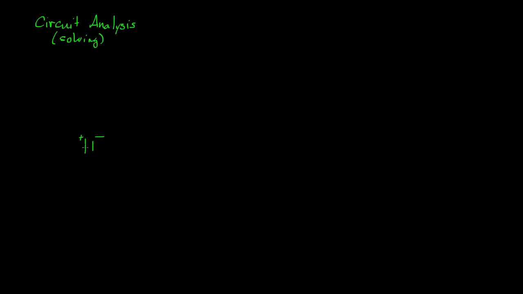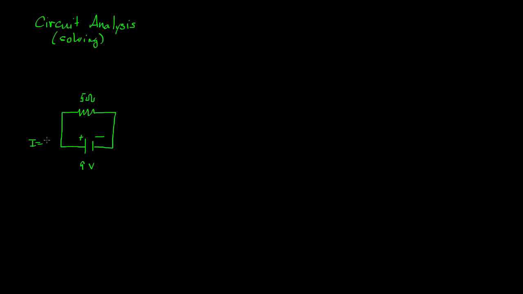So I'm going to hook up a battery to a single resistor, just to review Ohm's law real quick. Let's do a 9-volt battery connected to a 5 ohm resistor. In this case, I have the resistance of the circuit, that's 5 ohms, and I have the potential.